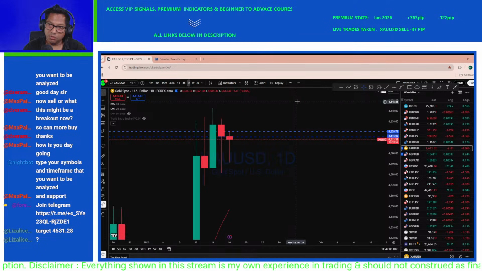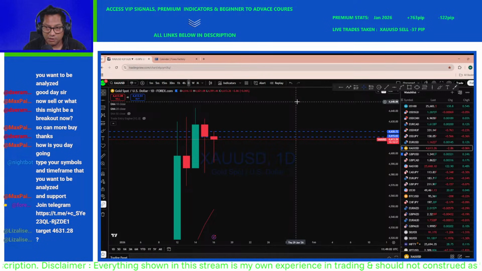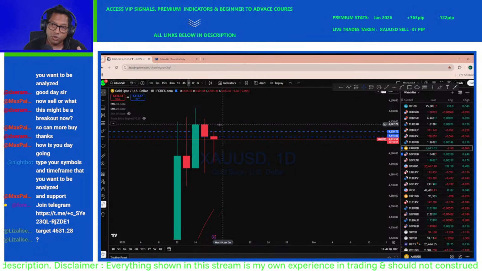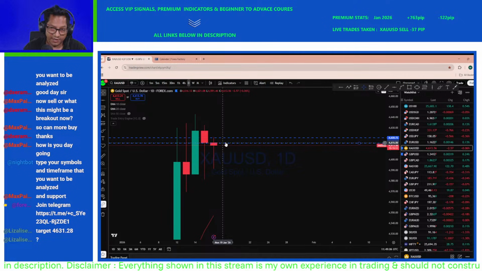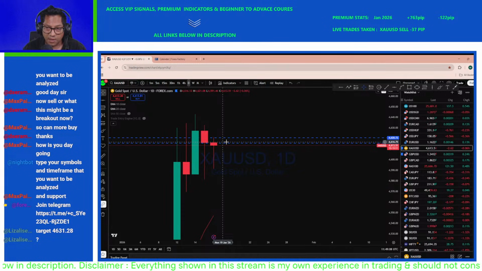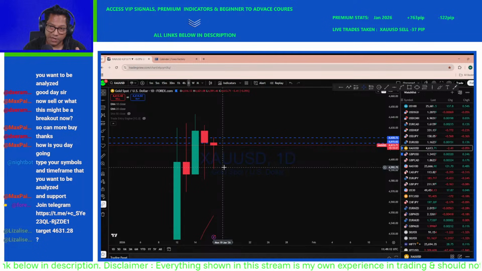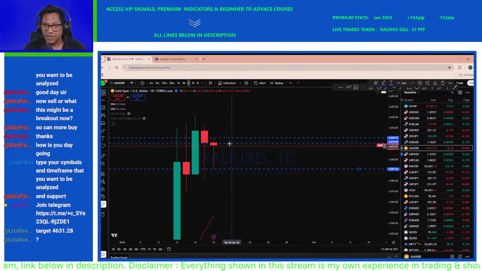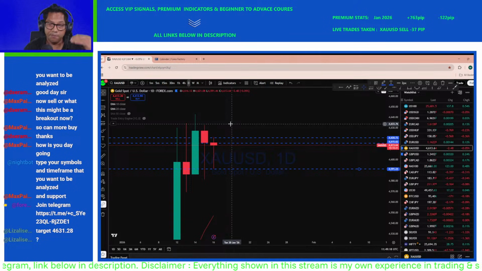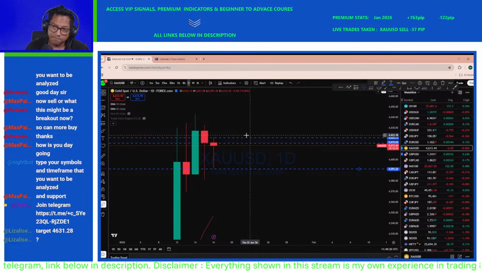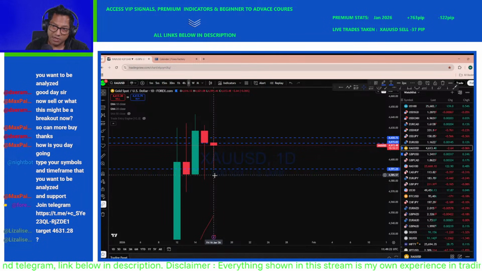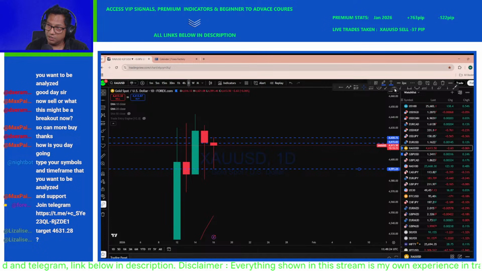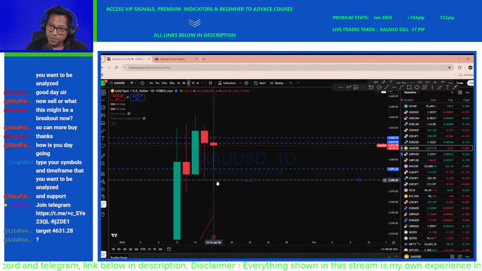So we could eventually see a daily close even like that. But what I think is that without the market breaking below, it's less likely to go up and create bullish price action. If it breaks below, it might even break the previous daily low, right?